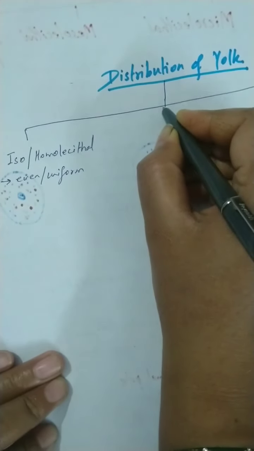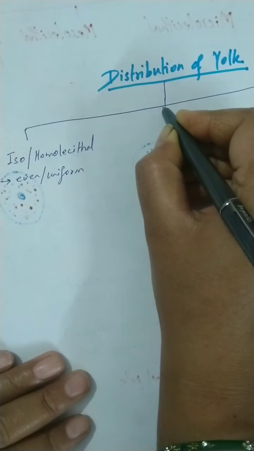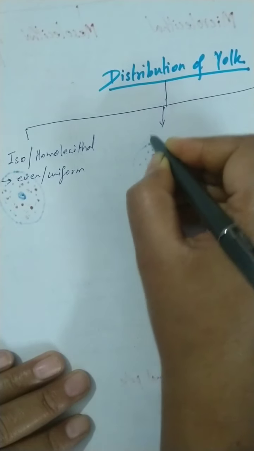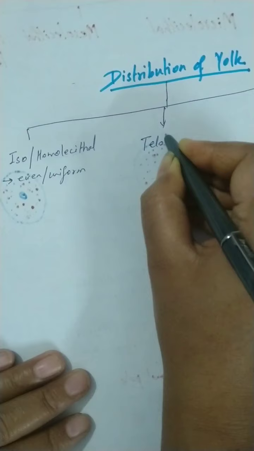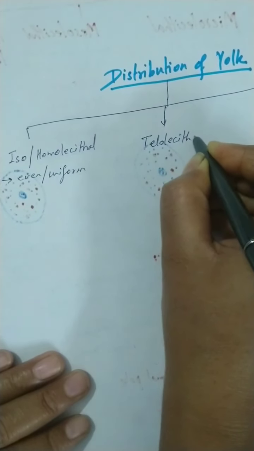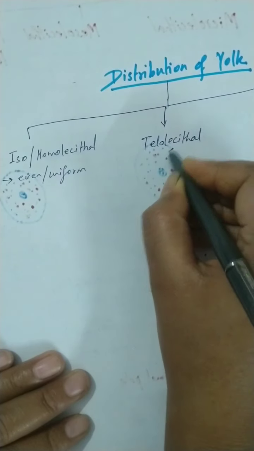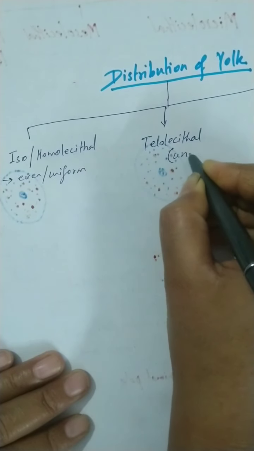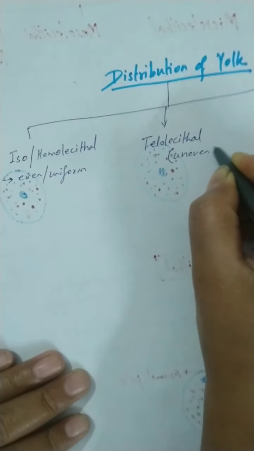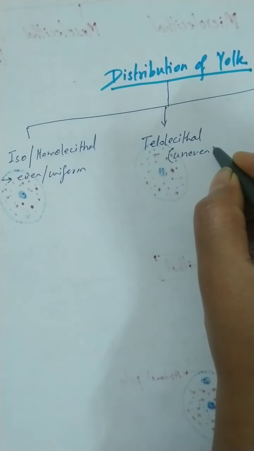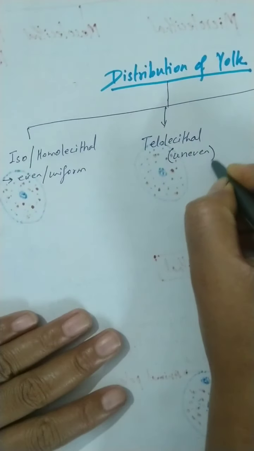Then the second one is the telolecithal. Telolecithal means uneven distribution of the yolk. It is roughly distributed, or uneven.